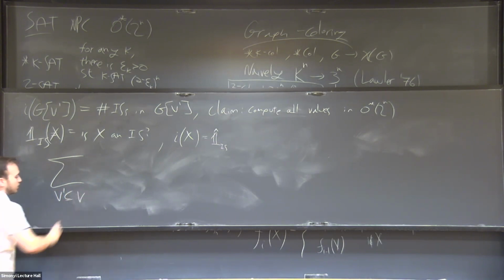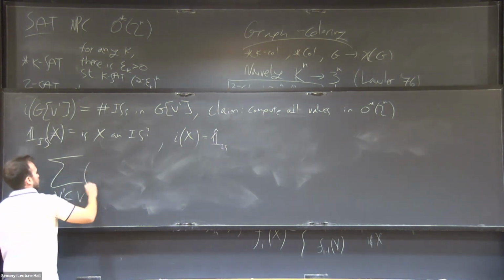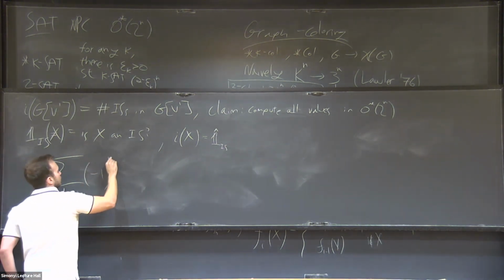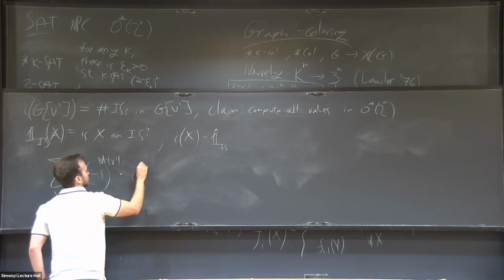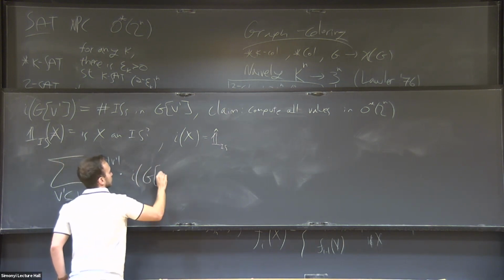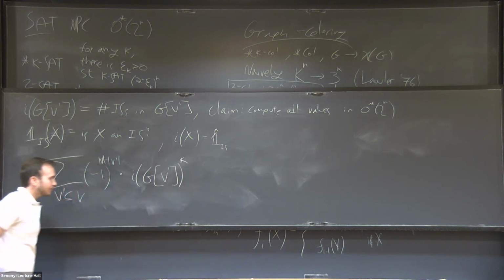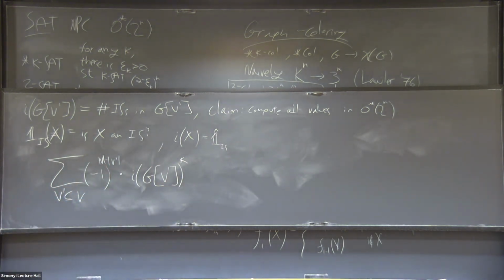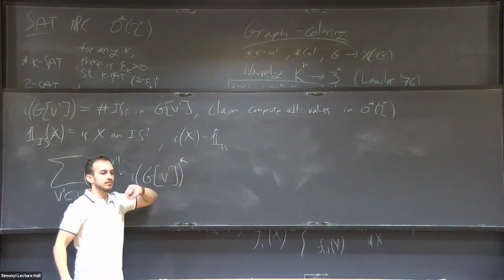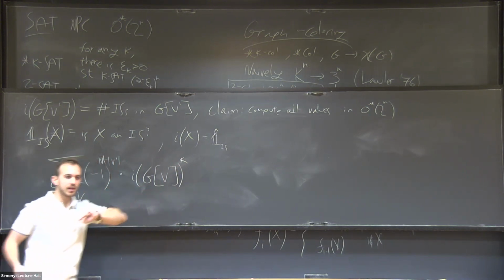I go over all subsets of vertices and I want to write the following thing. K is the K from K-coloring. I want to check if a graph is K-colorable.